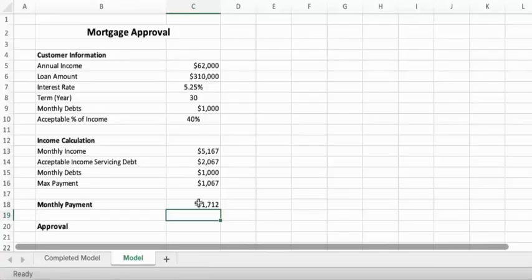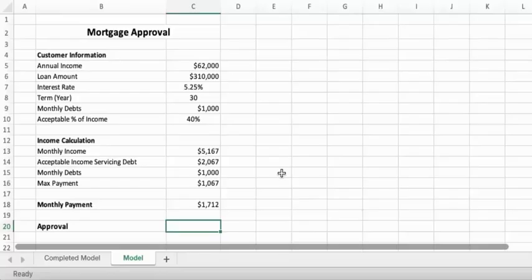Because this is a negative value and I don't want to have to account for whether the loan amount was entered as a negative or a positive by the user, I'm just going to go ahead and take the absolute value of that payment amount, so that will always be positive regardless of whether the user enters a negative amount for the loan or a positive amount for the loan. So the monthly payment the applicant would have to pay for this particular loan is $1,712.